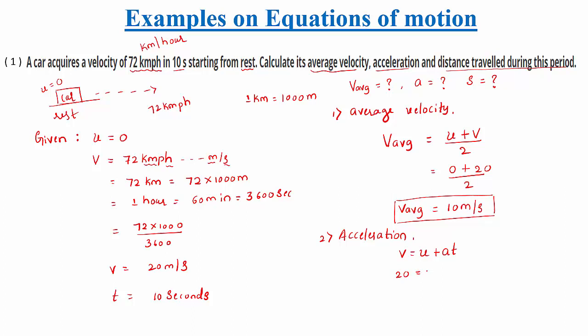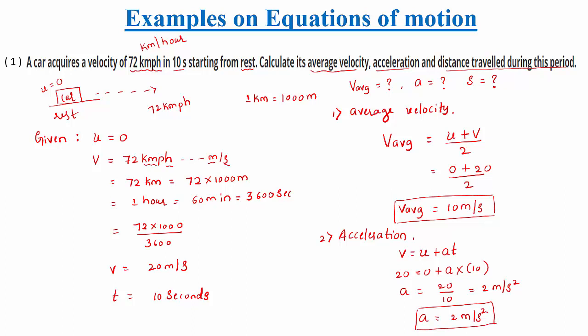Initial velocity is 0 plus acceleration we have to calculate, keep as it is, into time is given 10 seconds. So we will get A equal to 20 divided by 10. So the answer is 2 and its SI unit is meter per second square. So acceleration of the car is 2 meter per second square.